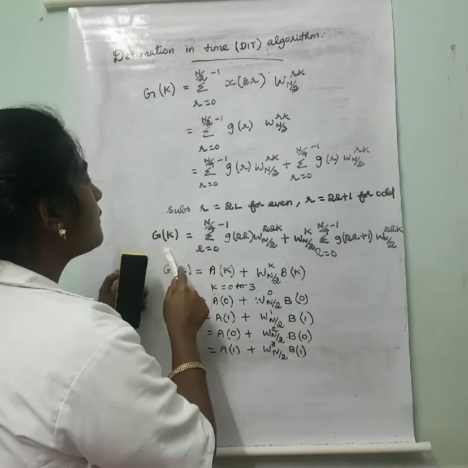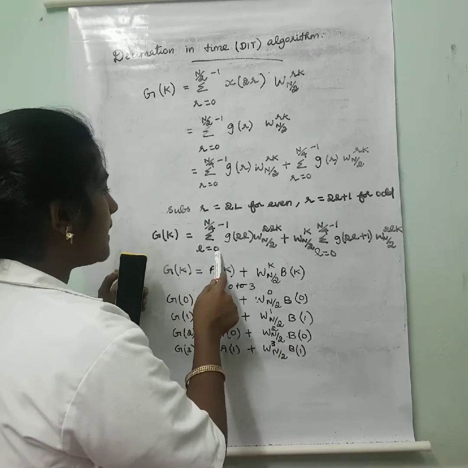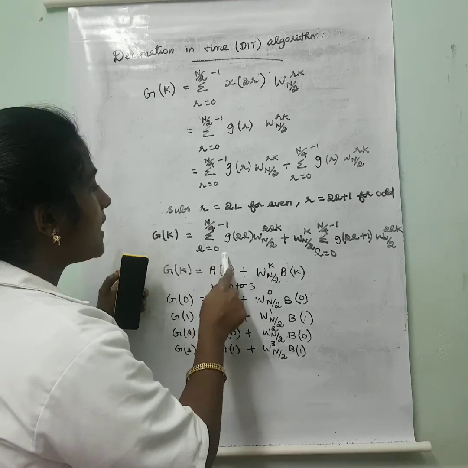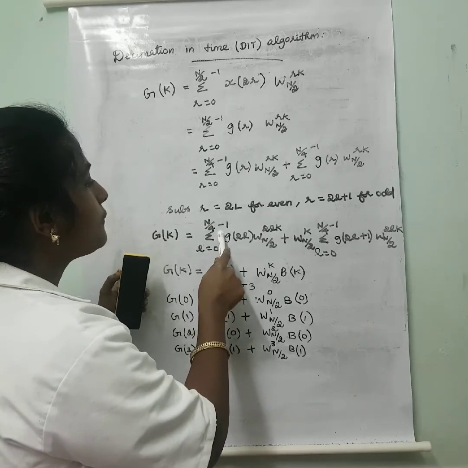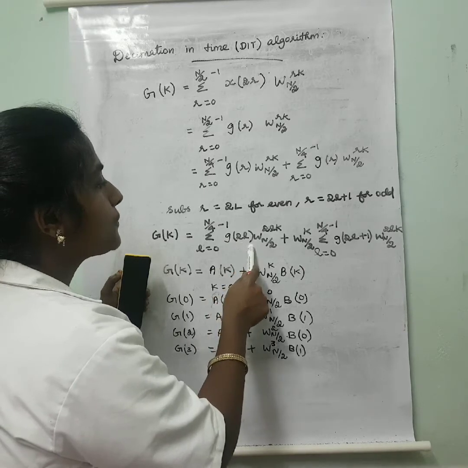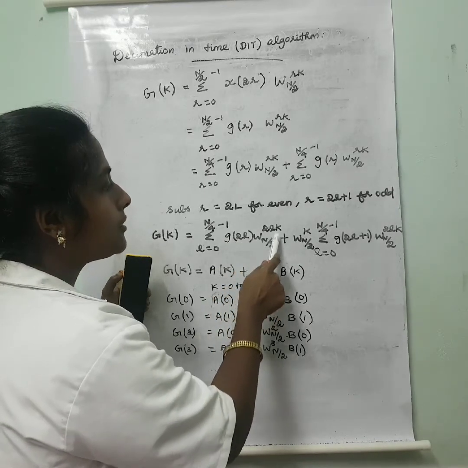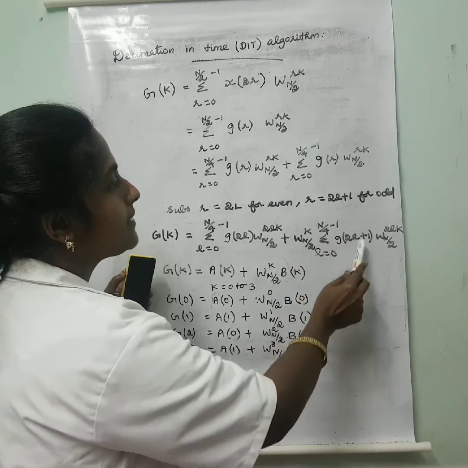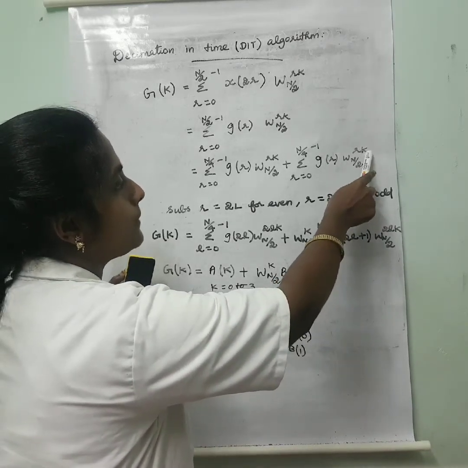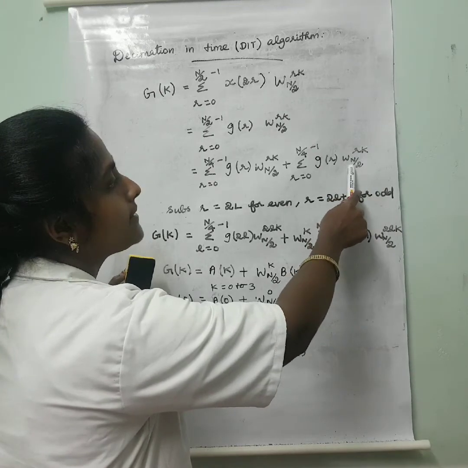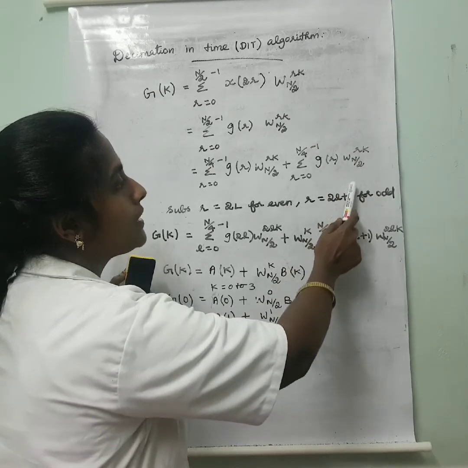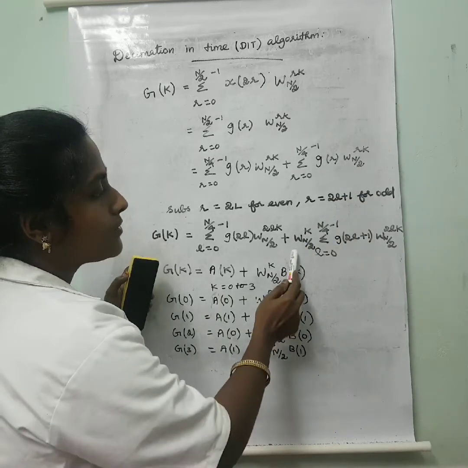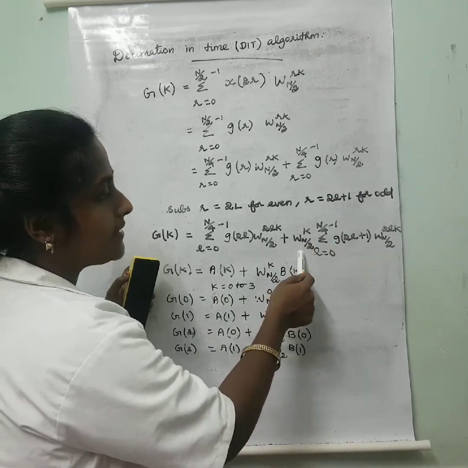So, G of k is equal to summation l equal to 0 to N by 4 minus 1, the summation limits will also change, g of 2l W N by 2 to the power 2lk plus W. When you put 2l plus 1 in the place of r, you will get W N by 2 to the power k as a constant term, so that you can put it outside the summation.